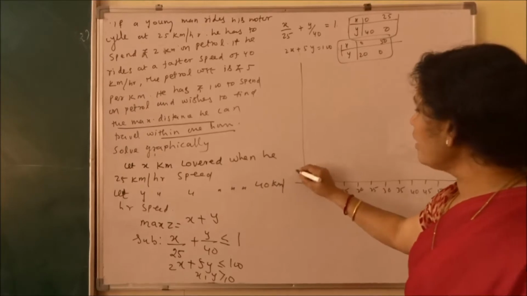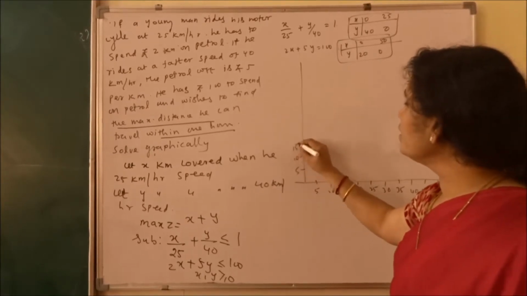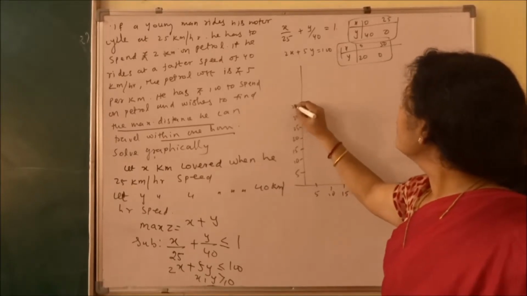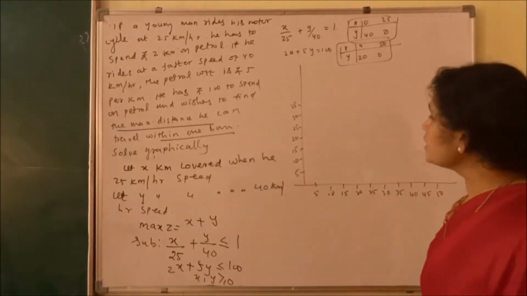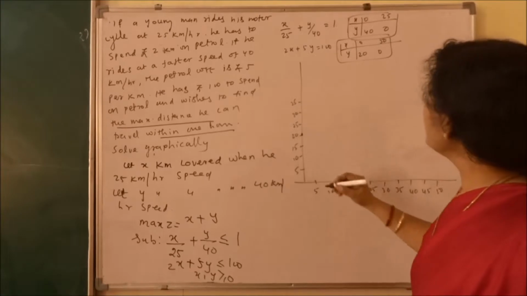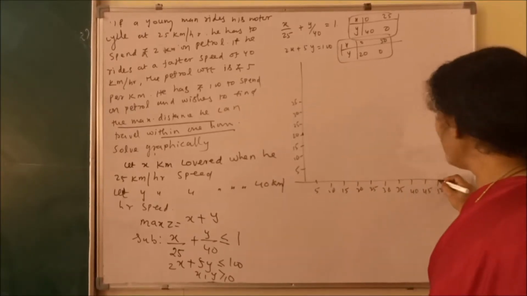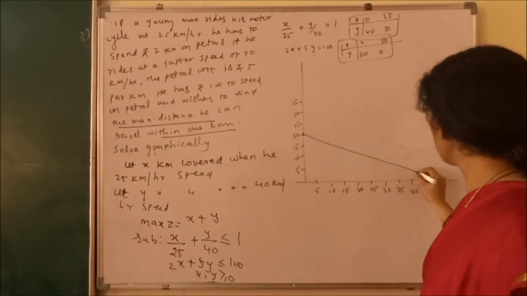Clear? Now here I am taking 5, 10, 15, 20, 25 and then 30, 35. Okay, fine. Now first I am taking 0, 20 and then for this one I am taking 20 and 50, 0.